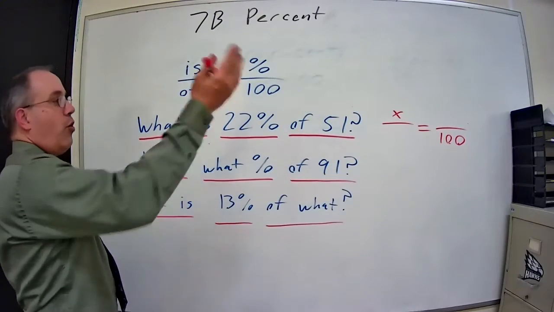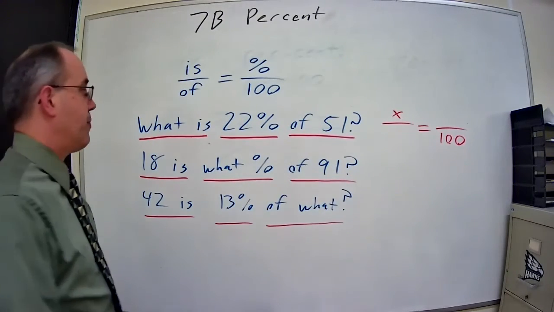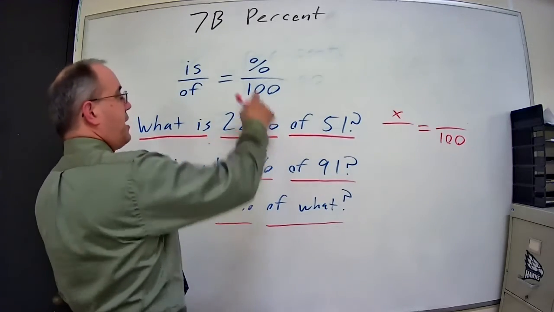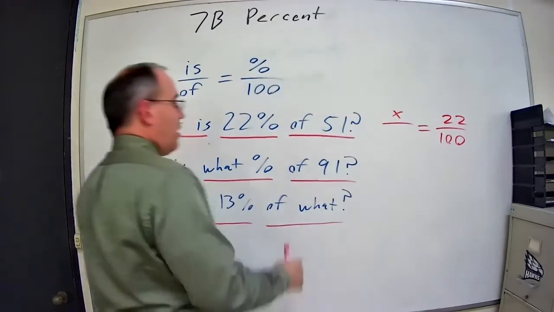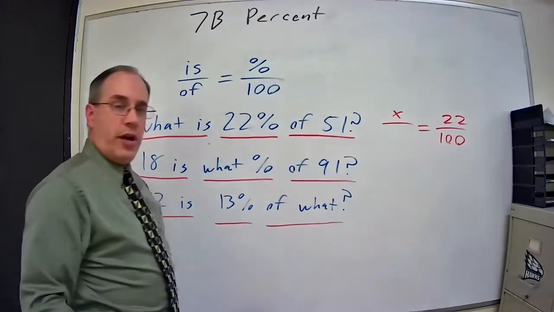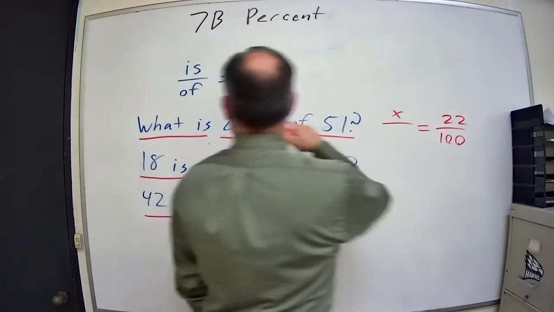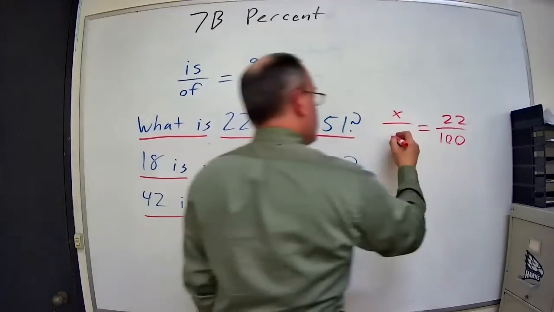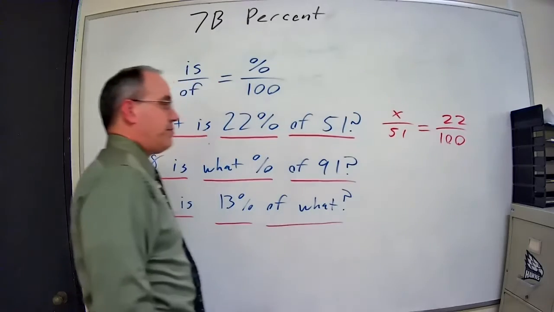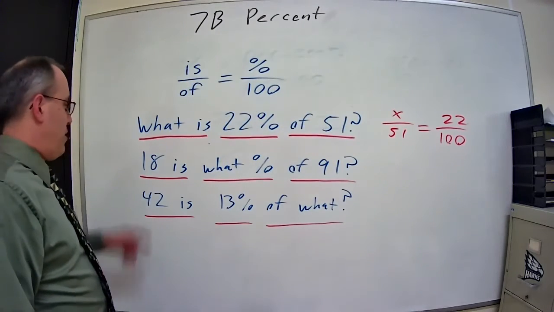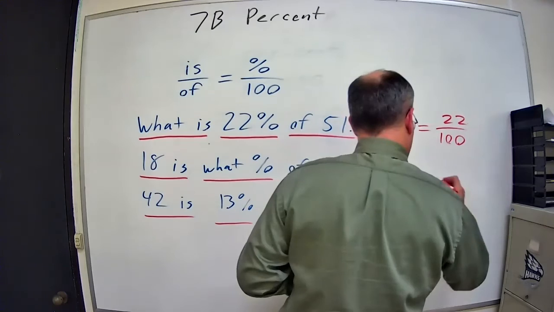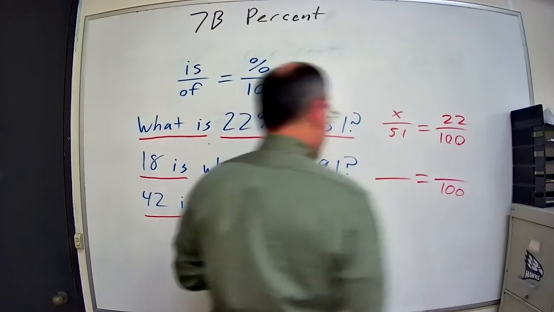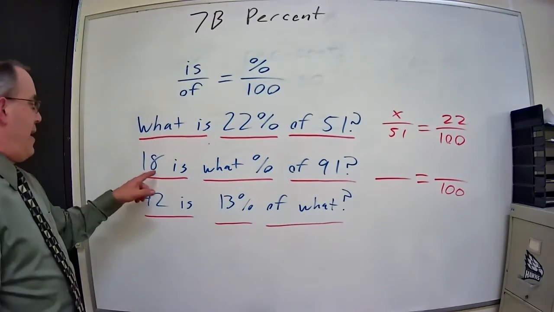The percent is 22, on the top right. Of 51. Of becomes 51. Do the same thing here. The lines are equal and the 100, those are already always there.